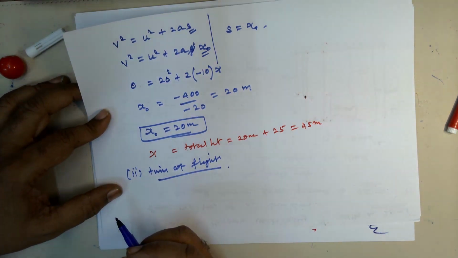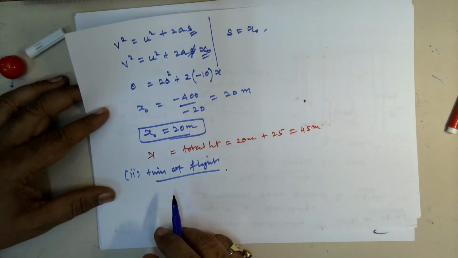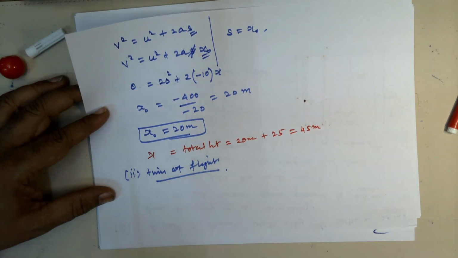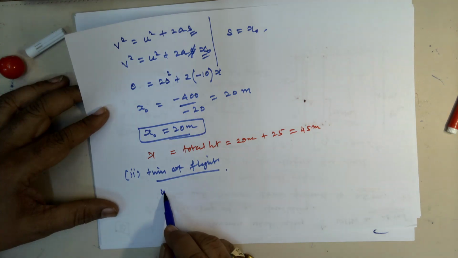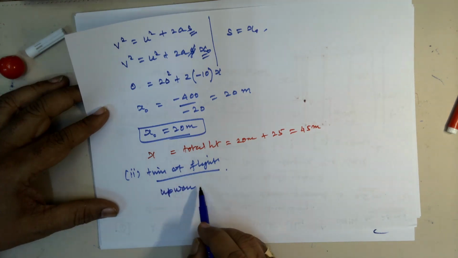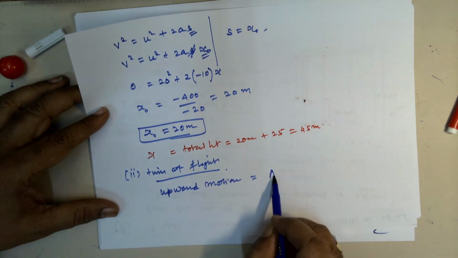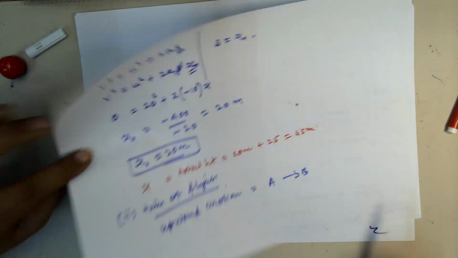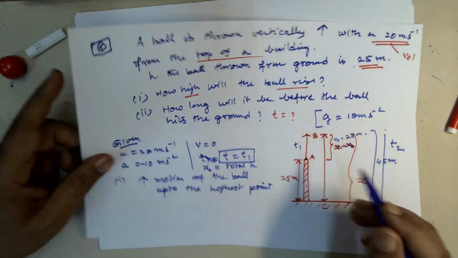Now listen to me carefully. We know that the upward motion is A to B, and the downward motion is B to C. You understand? We follow A to B here, right?